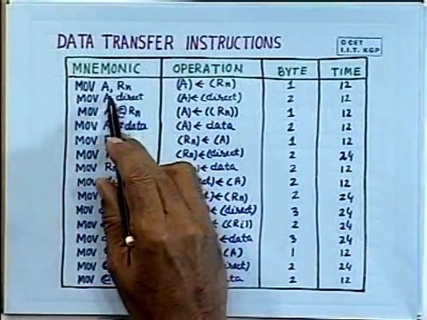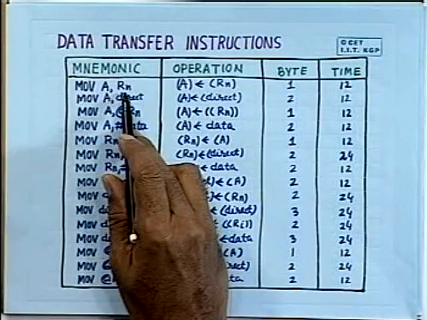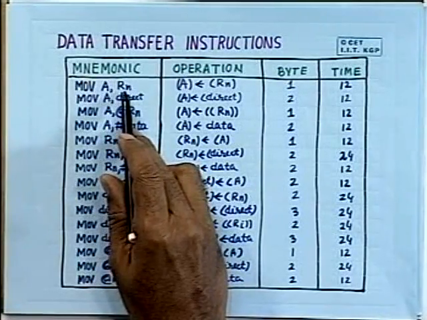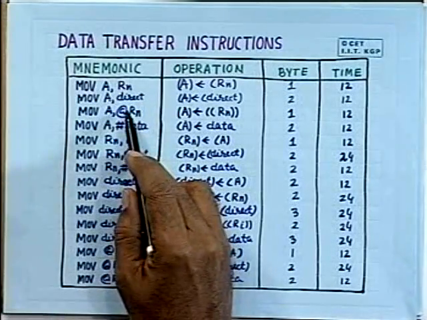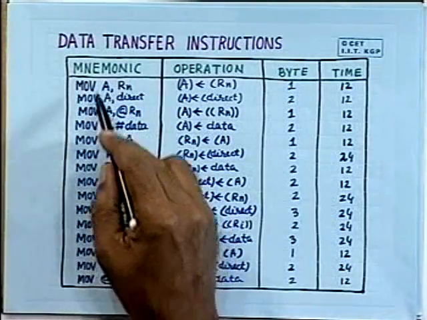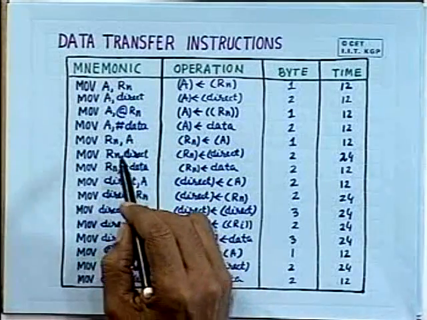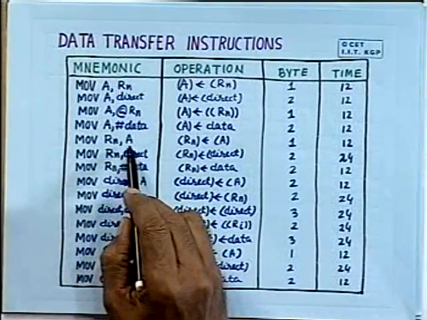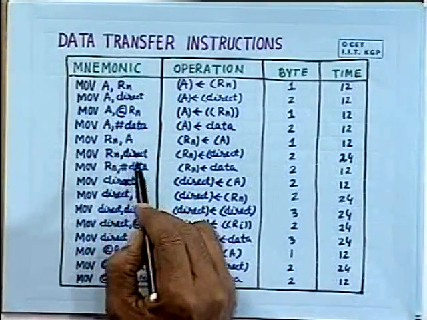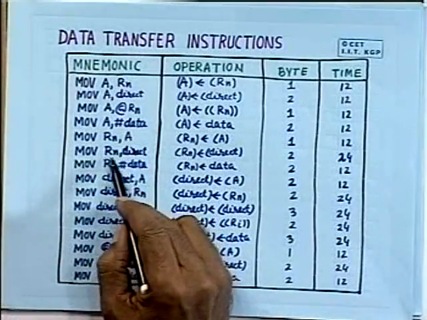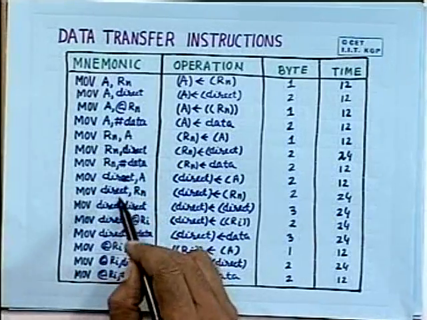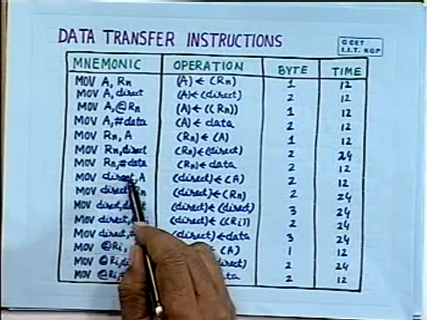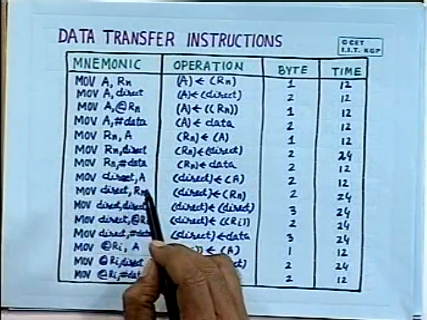So this is register addressing, where data comes from any one of the registers to the accumulator, by direct addressing, by register indirect addressing, and by immediate data. So it comes to the accumulator, or it can be from the accumulator to one of the registers, or any direct data to one of the registers, any immediate data to one of the registers, and here you can see from the accumulator to any direct memory location.